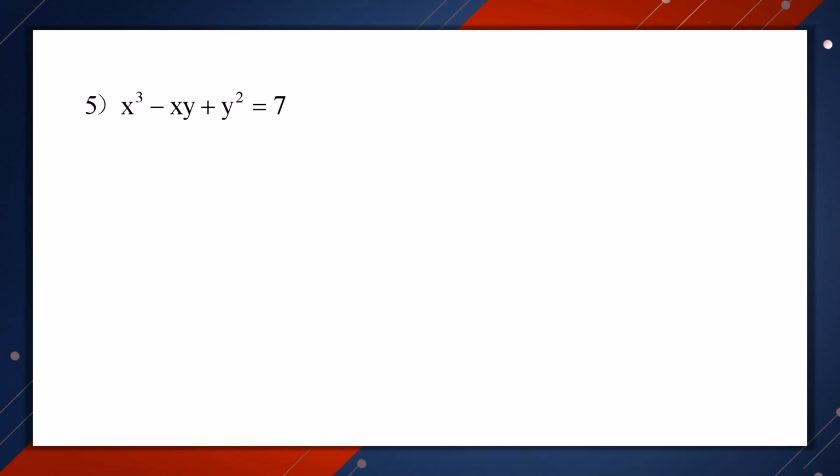And for question 5, the question is to find the derivative of y in the equation x to the power of 3 minus xy plus y to the power of 2 equal to 7.